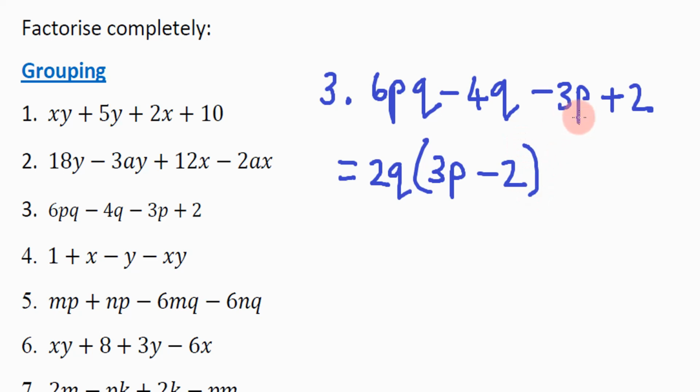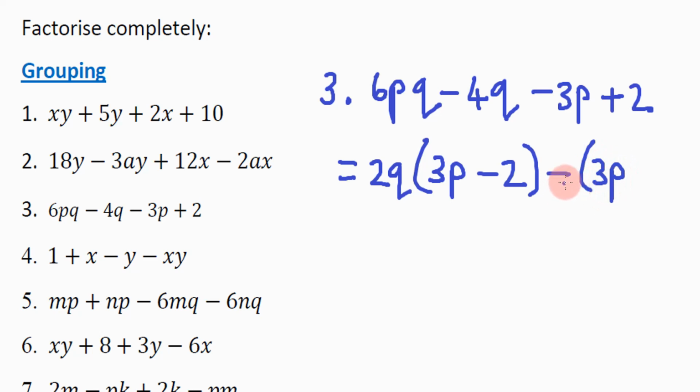If you look at the next 2 terms, there doesn't seem to be a common factor. But we notice that there's a minus in front of the first term here. So we're going to take out negative 1, and we'll just write a minus here, so we don't have to write negative 1. We open a new set of brackets, and we're left with 3p when we take out the minus.